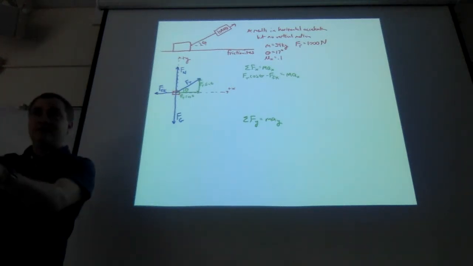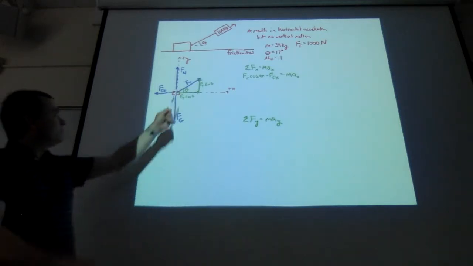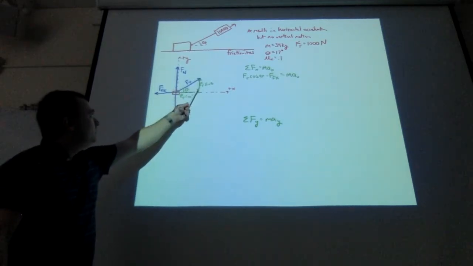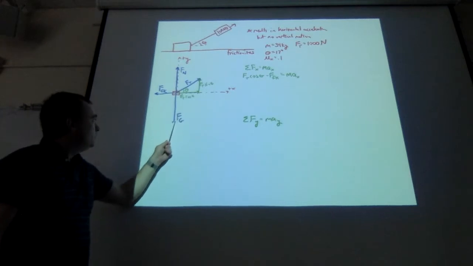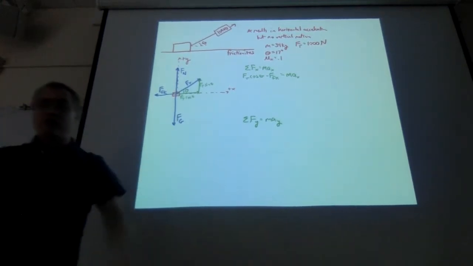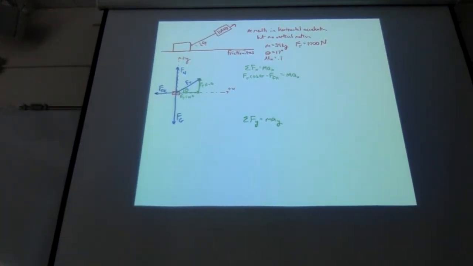What about vertically? Notice I've got this one pointing up, this one pointing up, this one pointing down. Those are my three vertical forces. So we'll write two of them as positive, and one of them as negative.